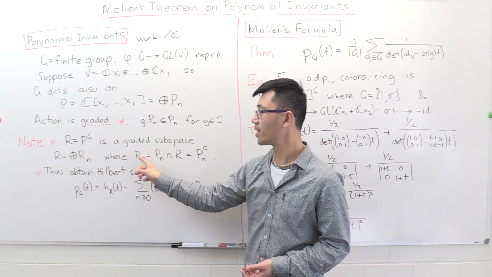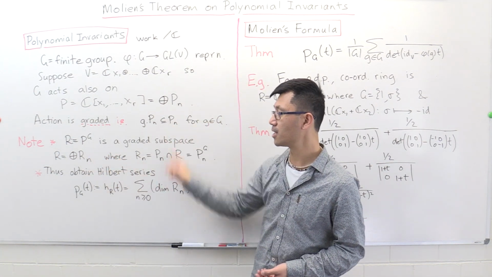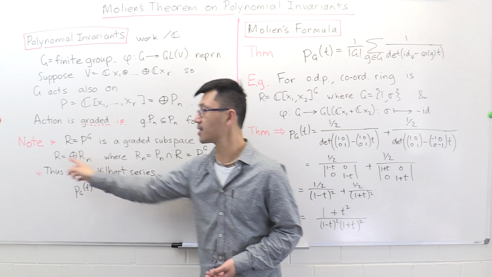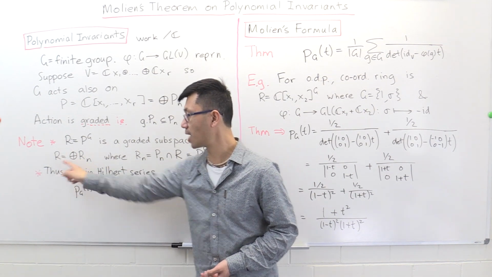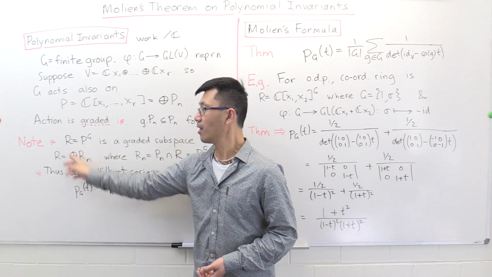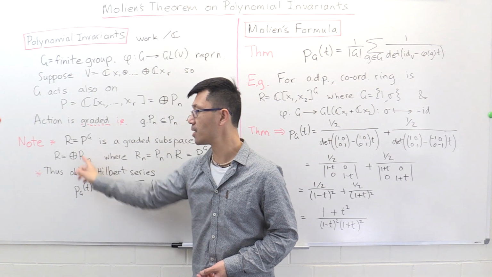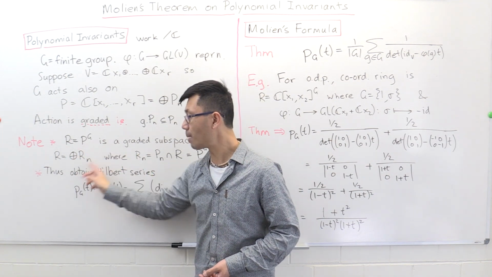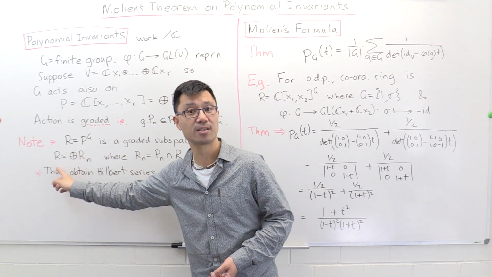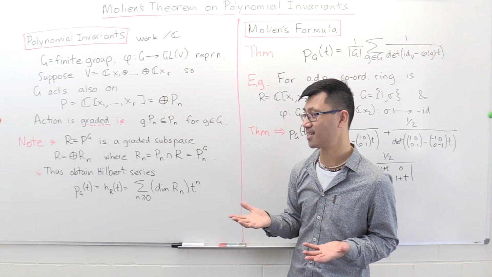Certainly each of these Rn is in the corresponding Pn, and because the Pn are linearly independent, so are the Rn, and the Rn certainly sit inside R because we got them by intersecting with R. So this is a direct sum sitting inside R, and the key point is that the sum of all these subspaces is in fact all of R. That's quite easy to prove too, and I'll leave that for you as an exercise.